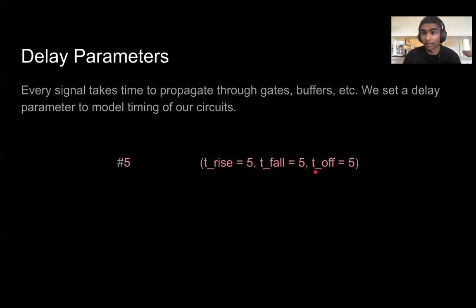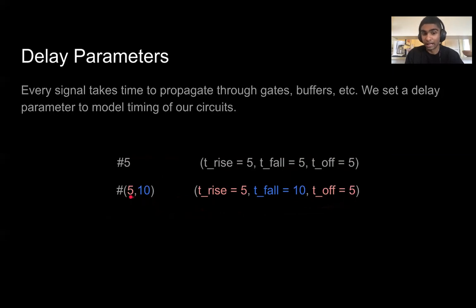All right, great. Honestly, for CompArc, this is as much as you need to do for your delay parameters. But if you want to get more fancy with it, there are some cool tricks you could do. It's not really a trick, but you could have parentheses and put multiple numbers inside of it. If you do that, the first number will be your rise time. The second number will be the fall time. And the time to turn off defaults to the lowest value inside your parentheses.